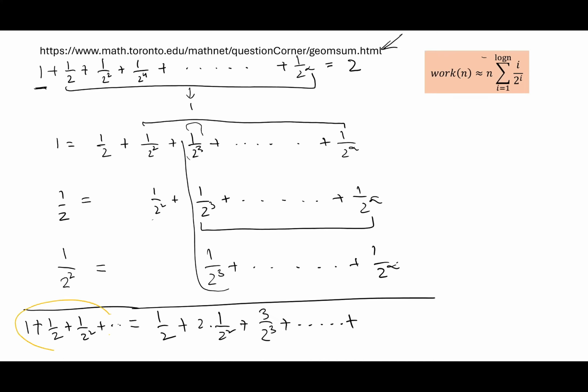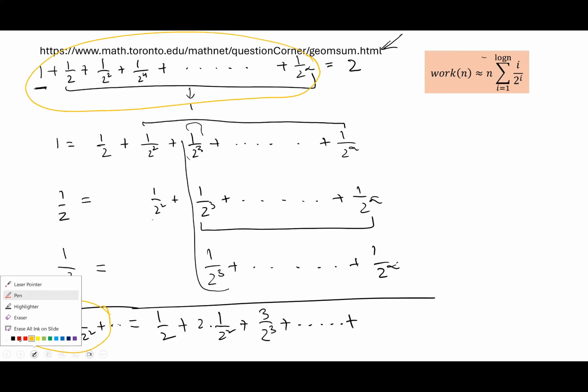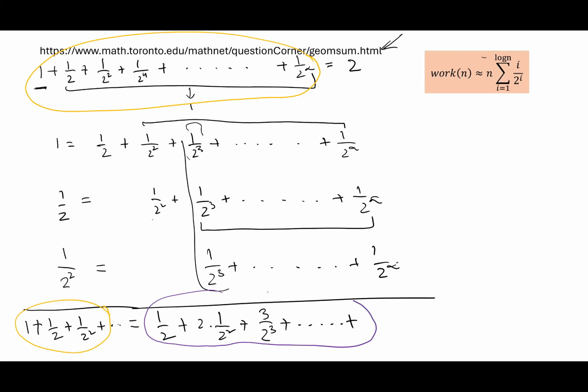So this part looks like this, and this part can be written as the summation of i over 2 to the power i, from 1 to, say, infinity.